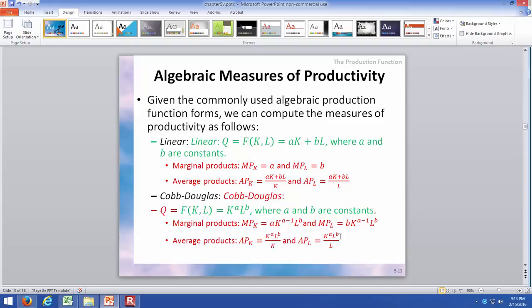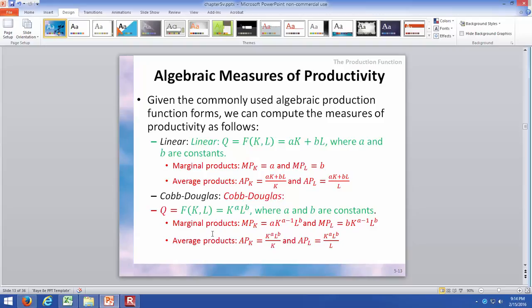Okay, so we are taking the derivative of the quantity dQ with reference to dK, and to do this, A is the exponent of K, and then A K raised to A minus 1, L raised to B, and the marginal product of labor is given by B K raised to A, L raised to B minus 1.